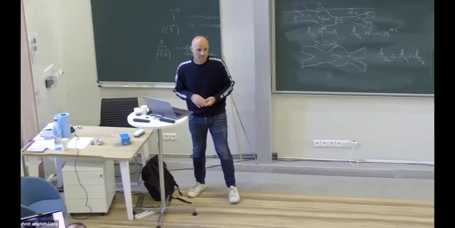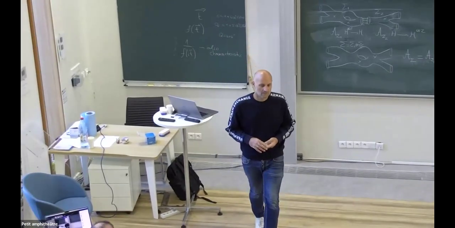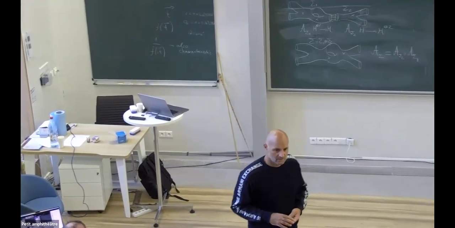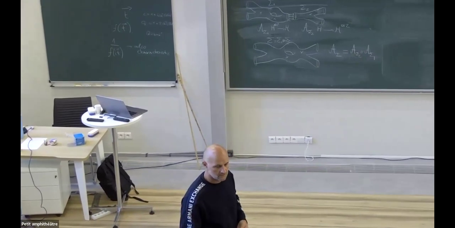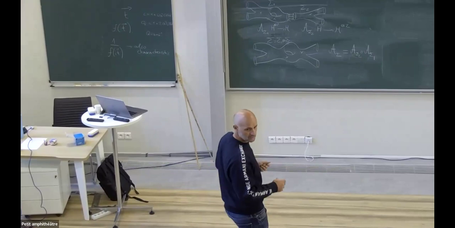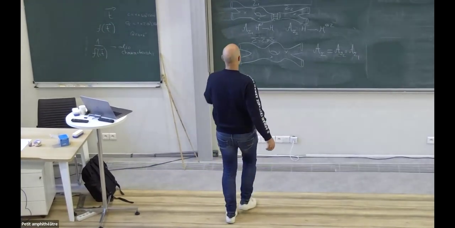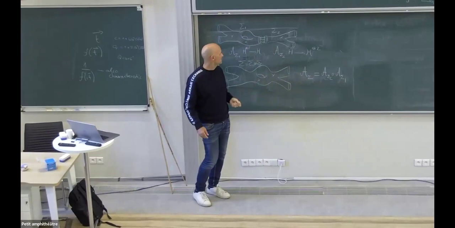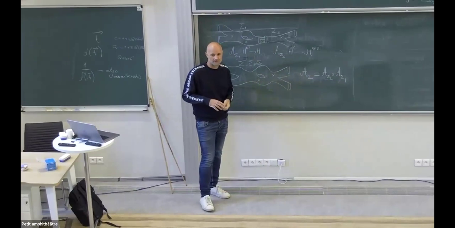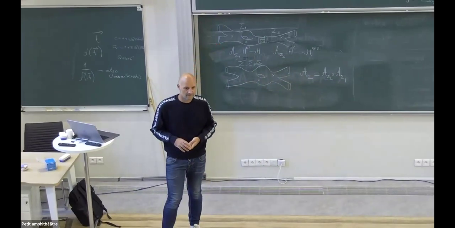But here you're assuming that you could always sew, there's never an obstruction to sewing? Absolutely. As long as you glue boundary components that are in and out, you glue according to the parameterization, it's possible in our system.